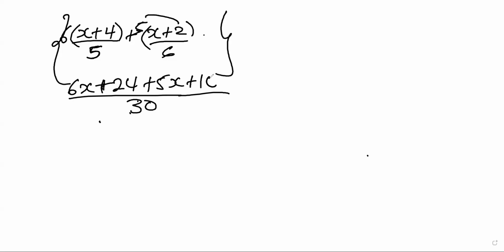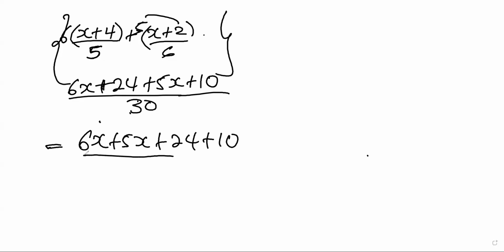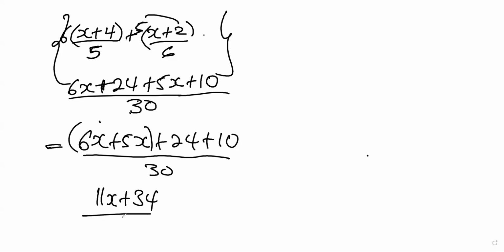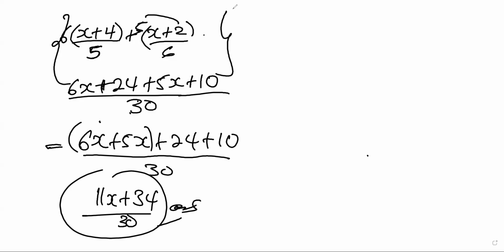So 5 twos, 10. Group the like terms, so 6x plus 5x plus 24 plus 10 over 30. So 11x plus 34 over 30. You see, this is simplest, so this is our answer.